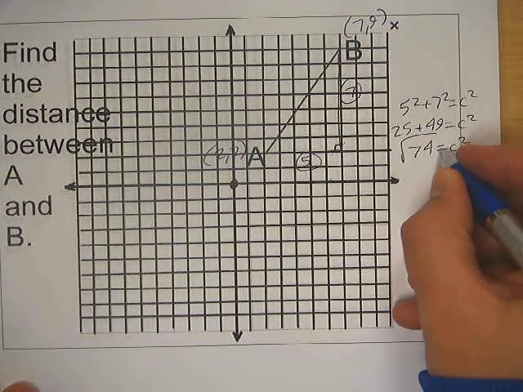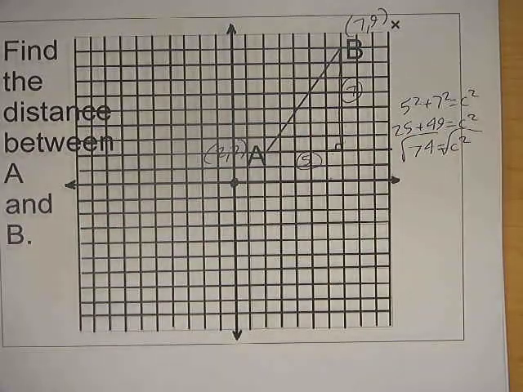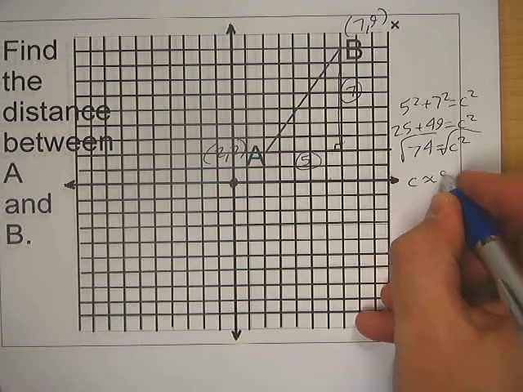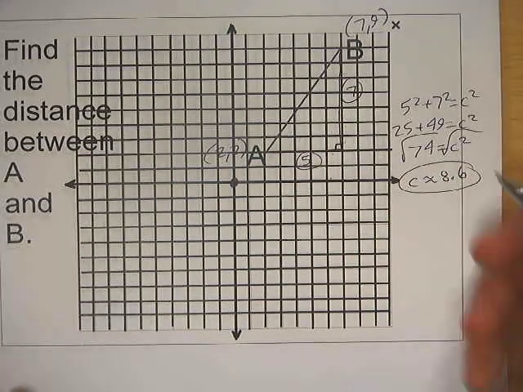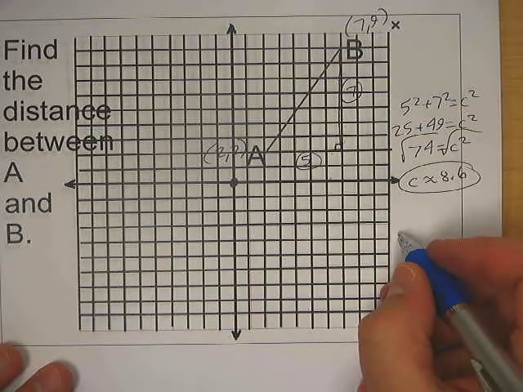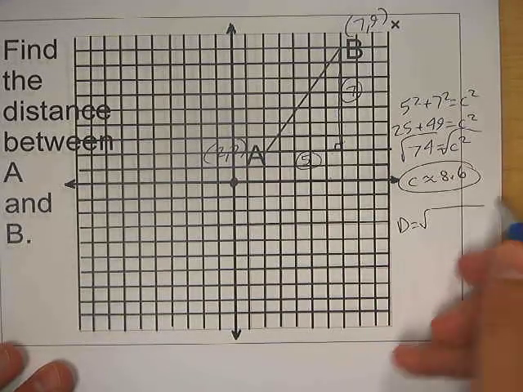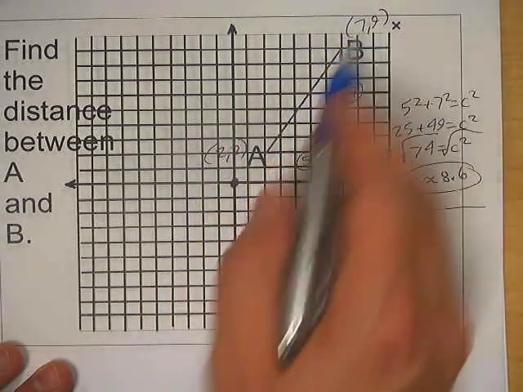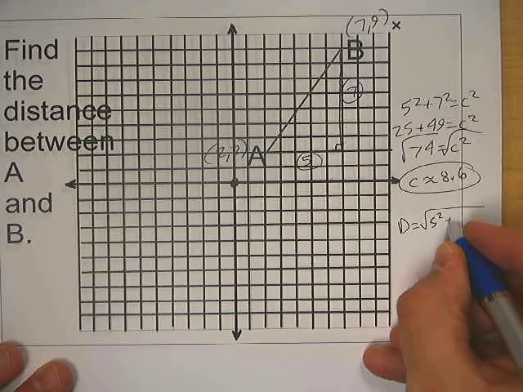So you could take 5 squared plus 7 squared equals c squared, or 25 plus 49 equals c squared. Add these together, get 74 equals c squared. Take the square root, and the square root of 74 is about, c is about 8.6. That's one way to do it.